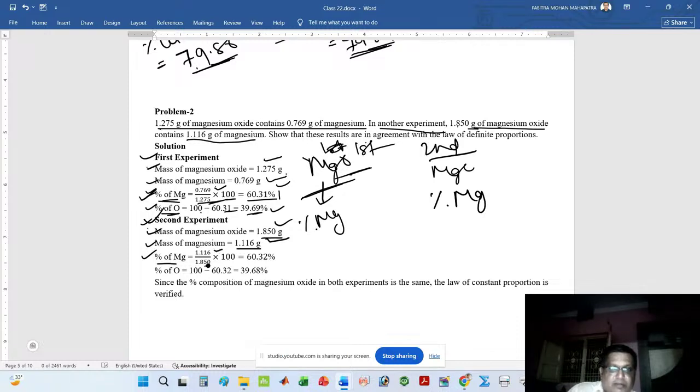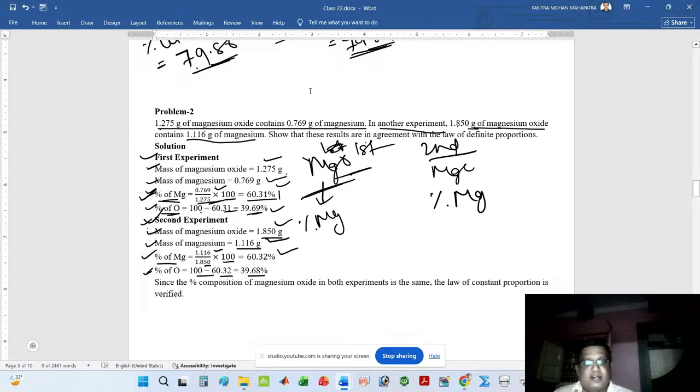Now multiplied with 100, you will solve, then you can find 60.32 percentage. Similarly, you can find percentage of oxygen. Percentage of oxygen means 100 minus 60.32, that means 39.68.